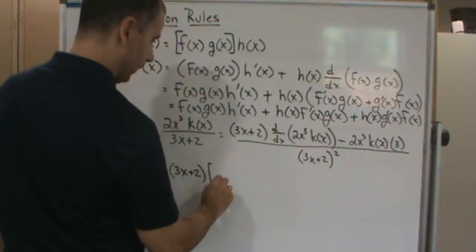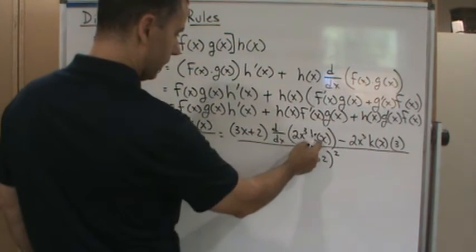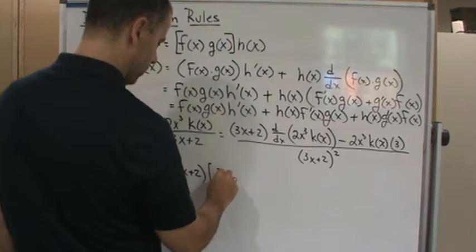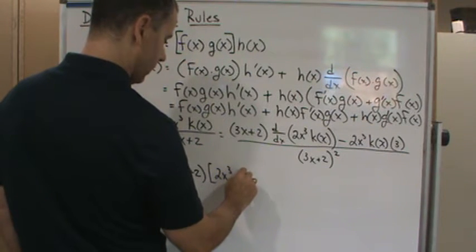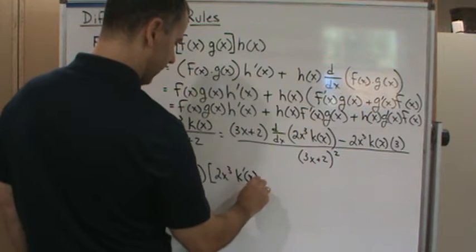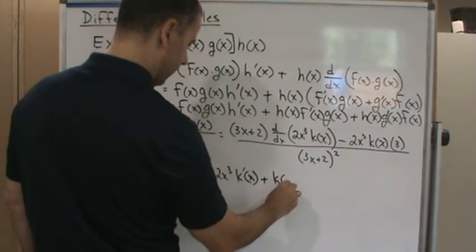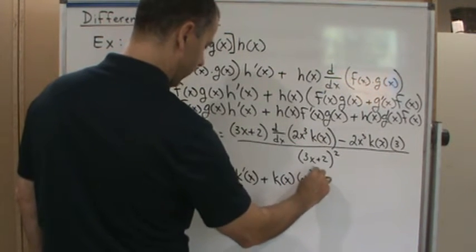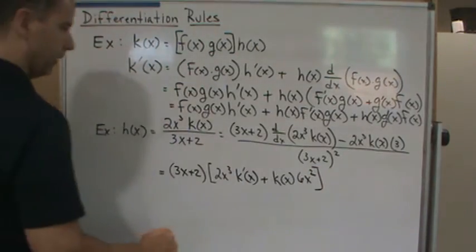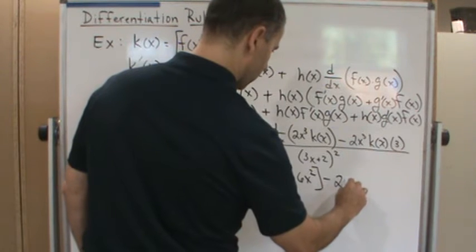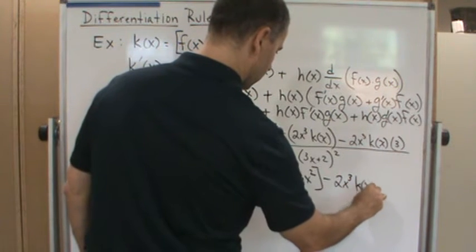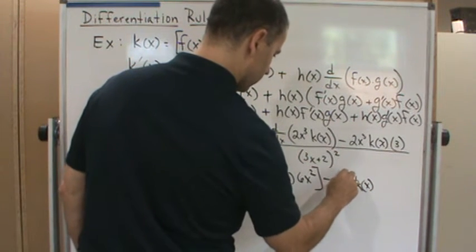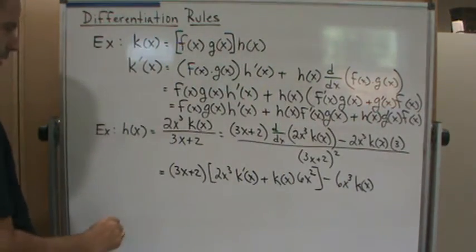And this is going to end up being, so we're going to take the first times the derivative of the second, the second times the derivative of the first, so we'll say 2x cubed times k prime of x plus k of x times the derivative of the first, which is going to be 6x squared, okay, minus 2x cubed k of x times 3, which means that this is going to be 6x cubed times k of x.